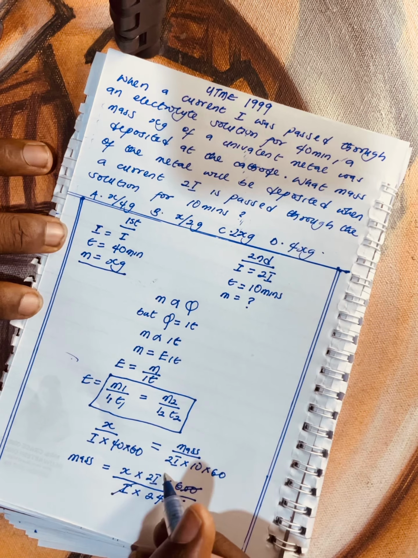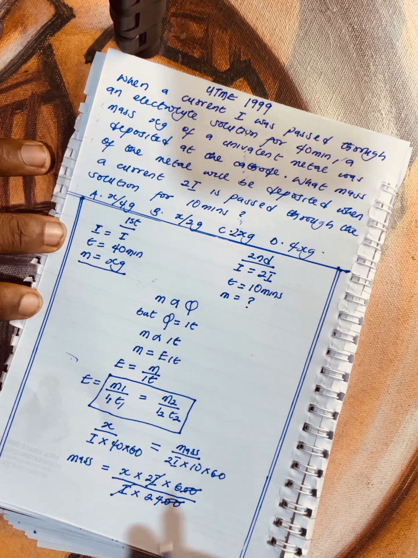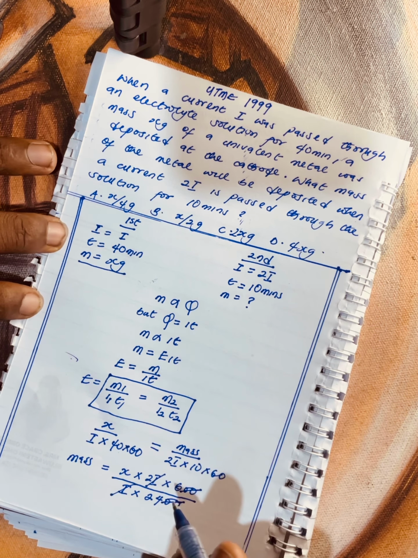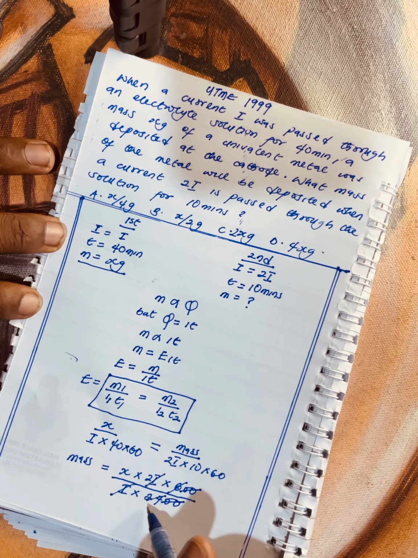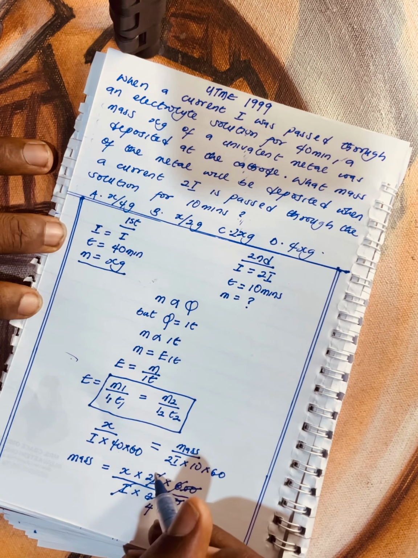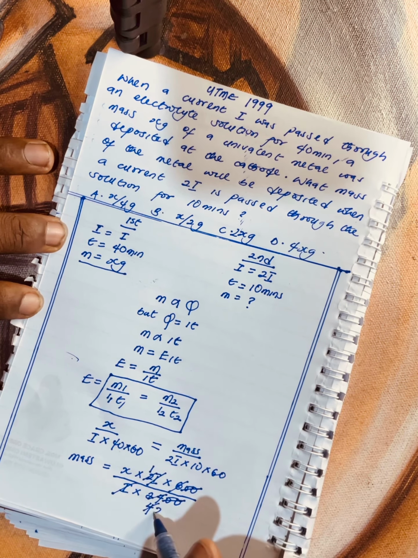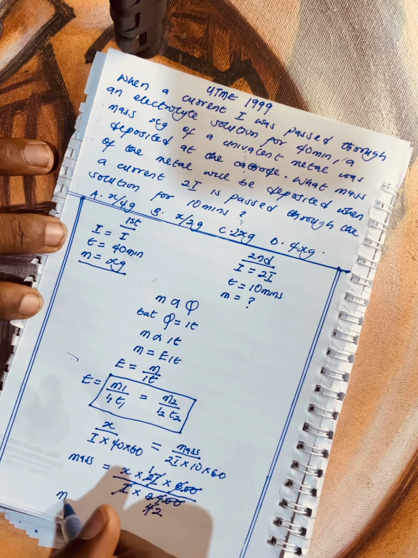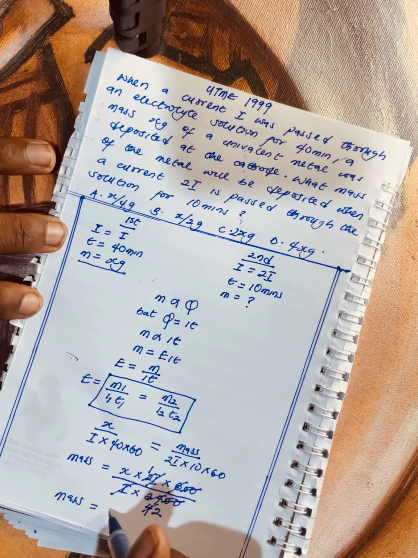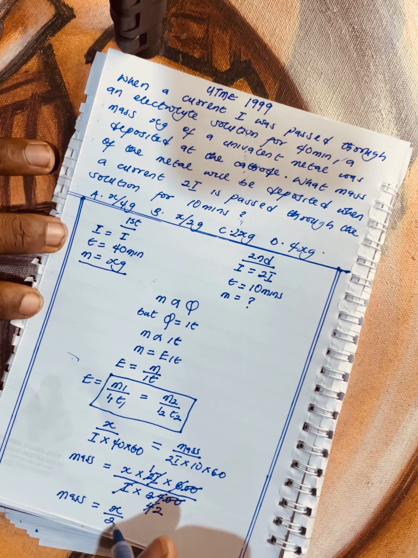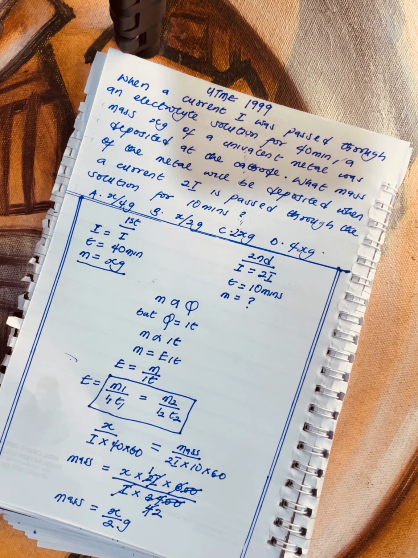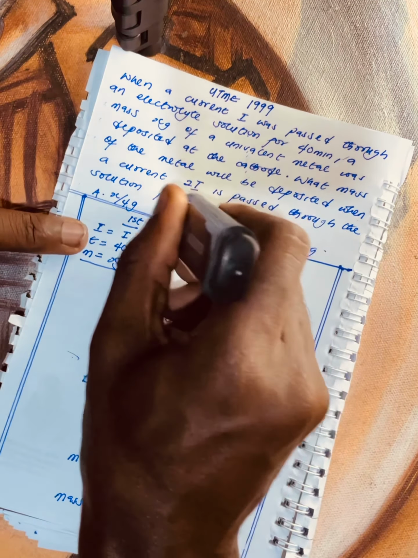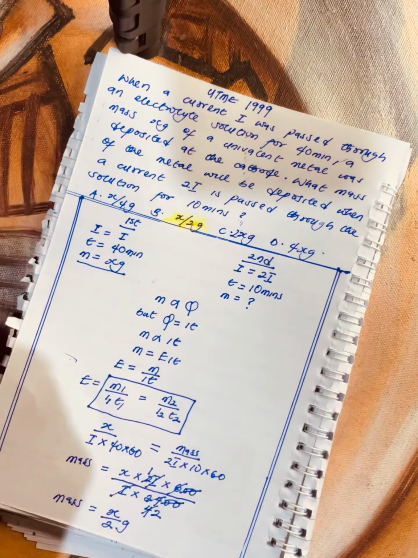This I cancels this I, and we have 6 cancelling this to give us 4, and 2 here 1, 2 here 2. So our mass will be equal to x all over 2 gram. So I think the mass will be x over 2 gram, and that is option B. Option B. Yeah.